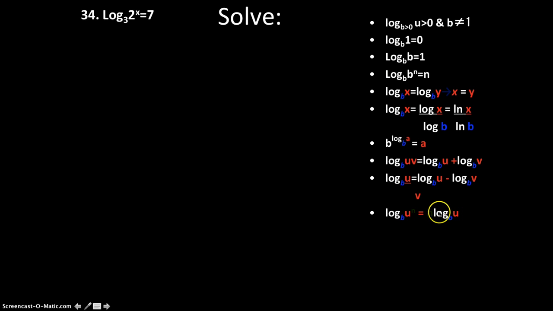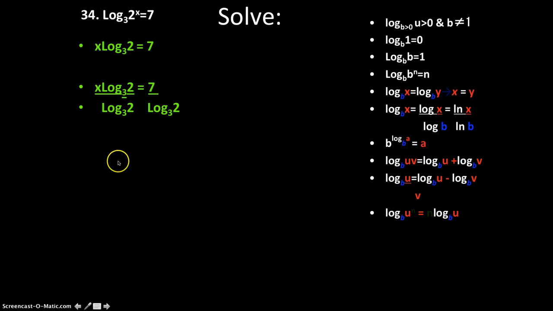The n exponent comes out to the front. You can't see it right now, it's been blocked out. That means that this exponent, x, comes out to the front, and I just simply divide by the log to the other side, log base 3 of 2. Of course, this is going to cancel and leave me an x here.